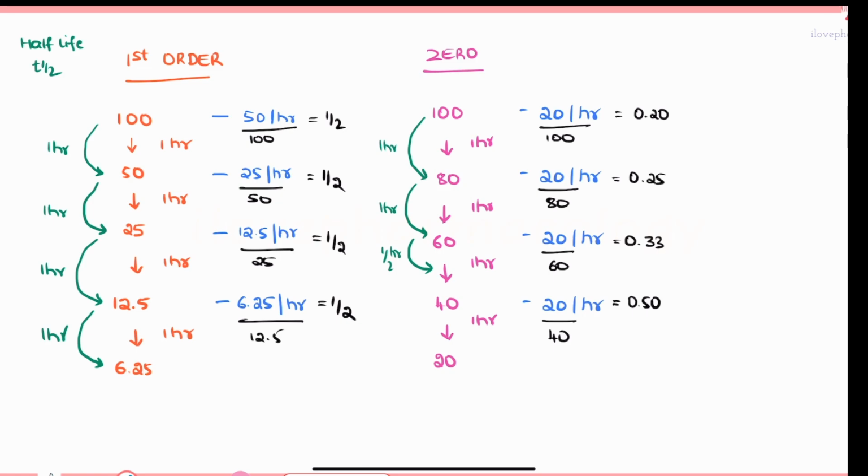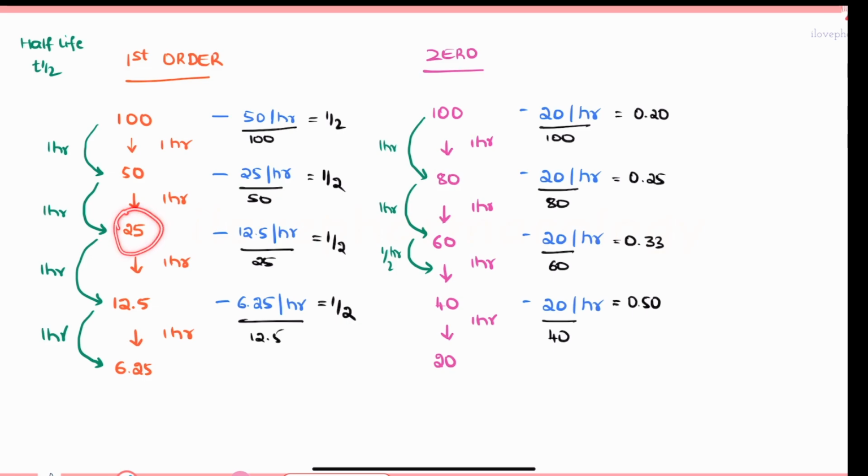So what about the rate of elimination? Here the rate of elimination is proportional to the plasma concentration. So here is the 100 molecules, and the rate of elimination is 50 per hour. Out of the plasma concentration of 50, 25 per hour, so exactly 50% of the drug will be eliminated.